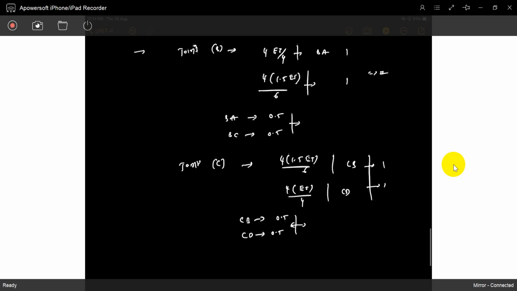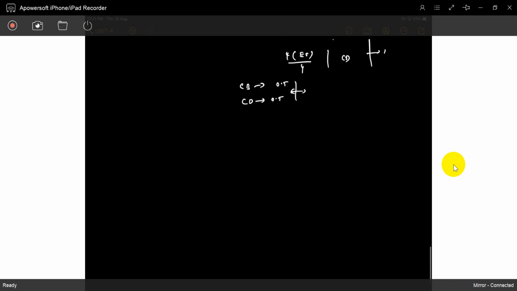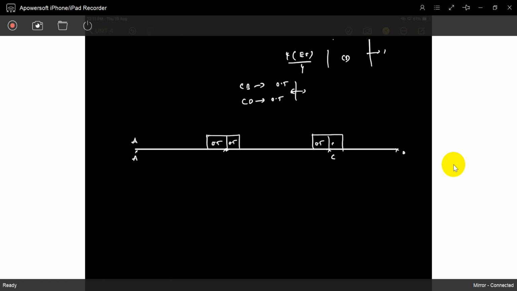For simplification, very simple problem, that's why I took it like this. So now you can draw. This is B, this is C, this is D. B distribution factors are 0.5, 0.5. C distribution factors are 0.5, 0.5.